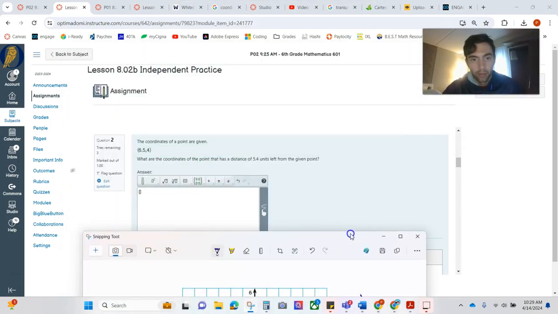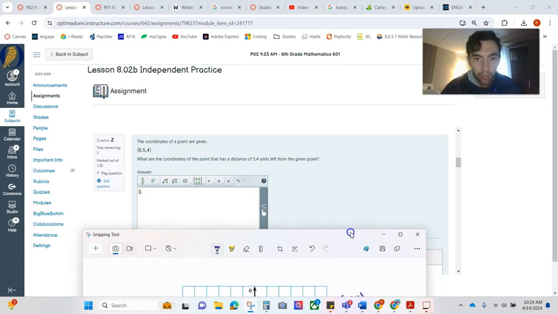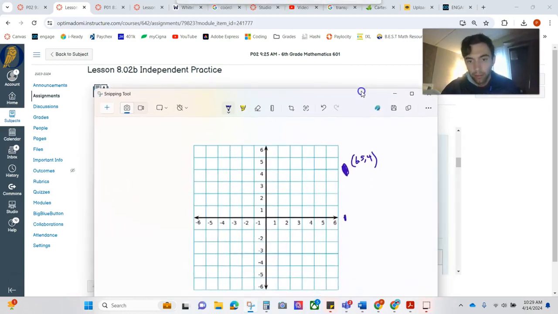I want a point that goes 5.4 units to the left. So this way. When we go to the left, that is just the most awful looking arrow. When we go, that's better. That's left. When we go to the left on the coordinate grid, what's happening to these x values?